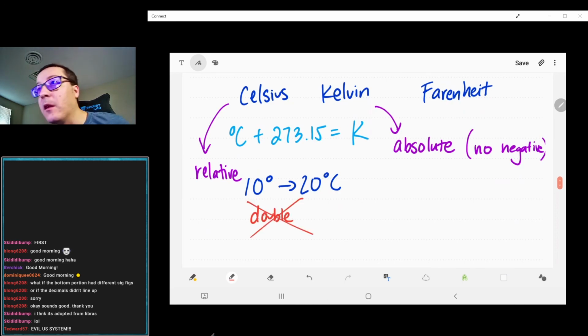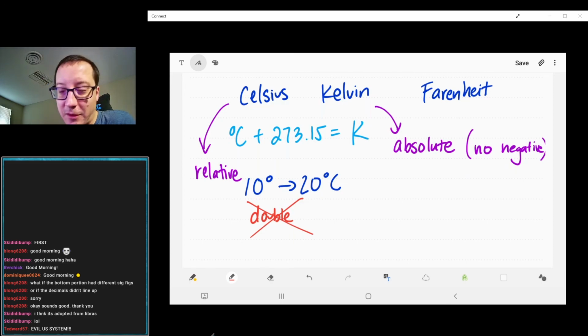Absolutely not. Because it's relative. Unfortunately, if you go from 0 to 10, you can't say you're doubling the temperature. You're infinitying that temperature, right? There's no way to go from 0 to 10 in terms of multiplication. And of course, you can't go from negative 10 to positive 10 and say, instead of doubling the temperature, I've negatived the temperature.